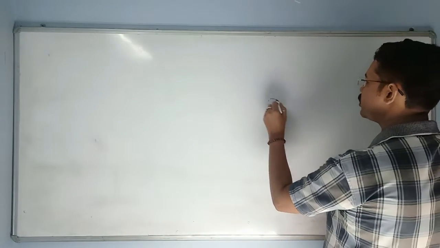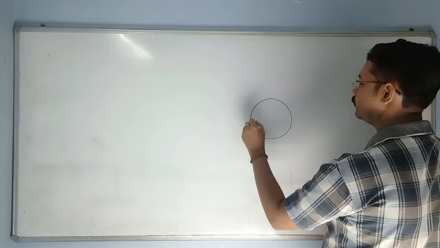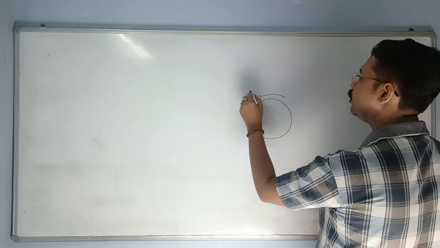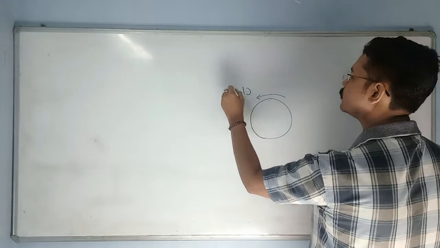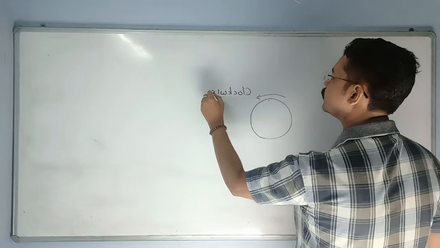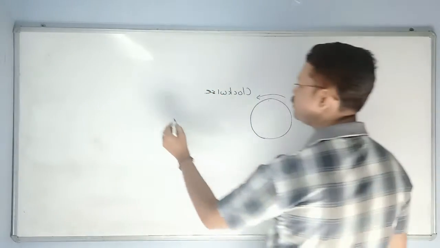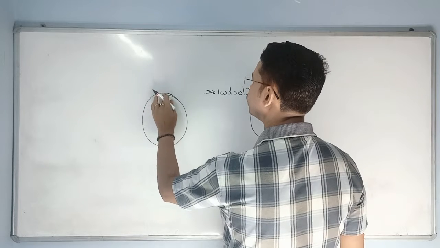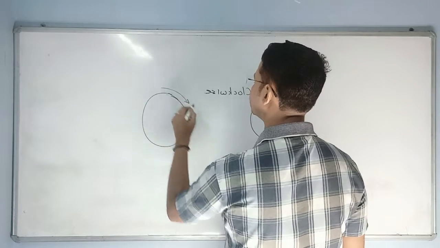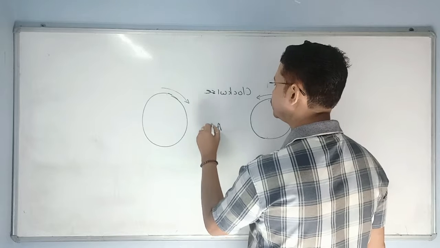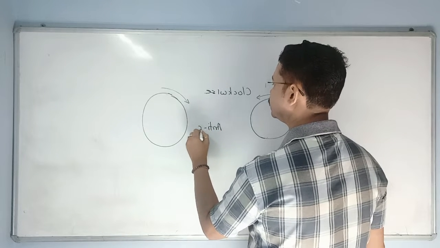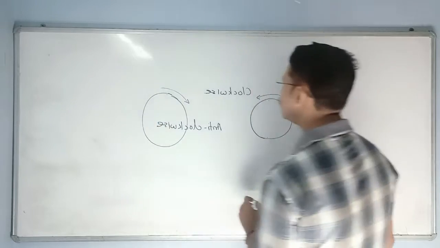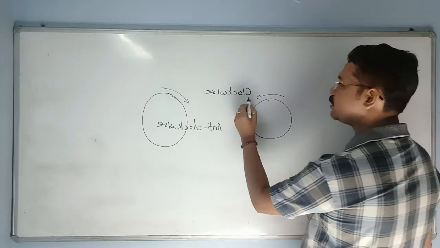If a body is rotating clockwise, and if a body is rotating anti-clockwise, then clockwise rotation is what?